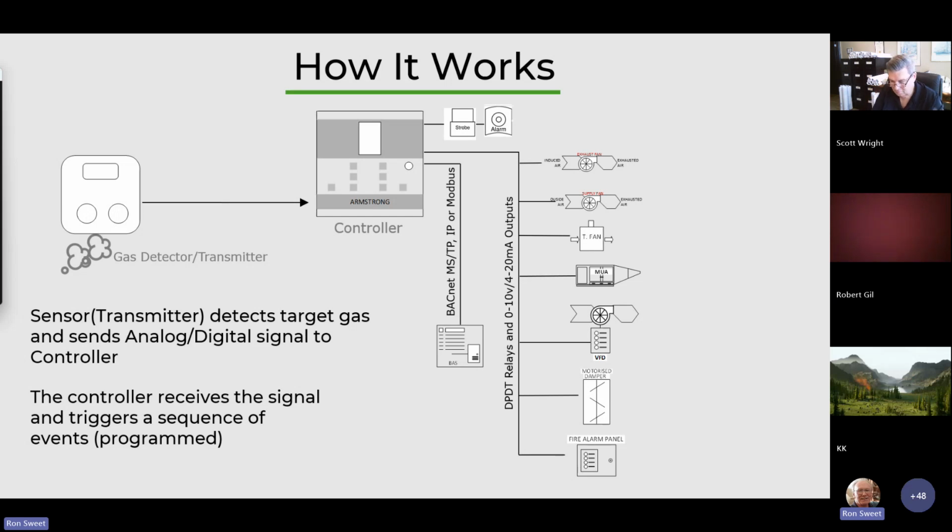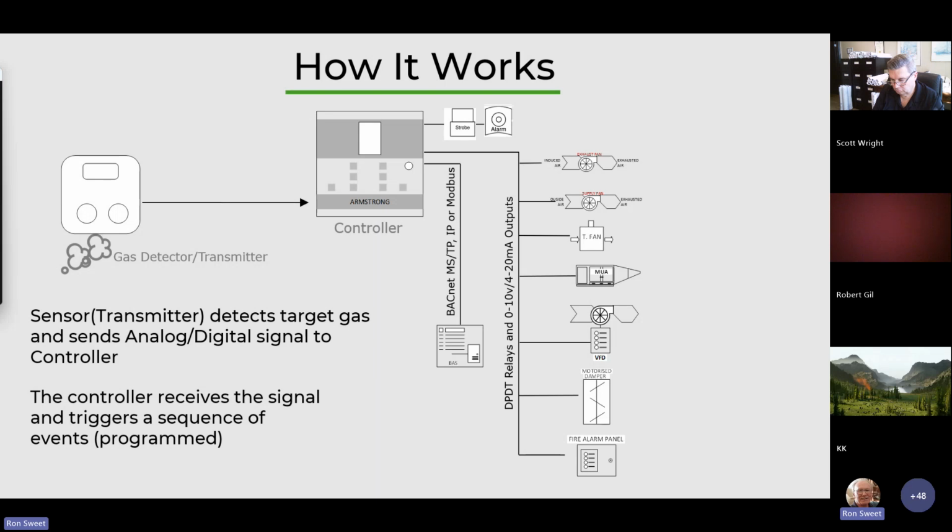That control point can be the gas detection system manufacturer's controller, or it can be a VFD or the building automation system or any other type of interface that you can set up to get the action that you want to take place once you detect a concentration of that target gas in the ambient atmosphere.